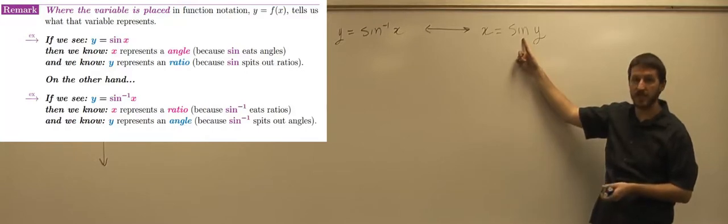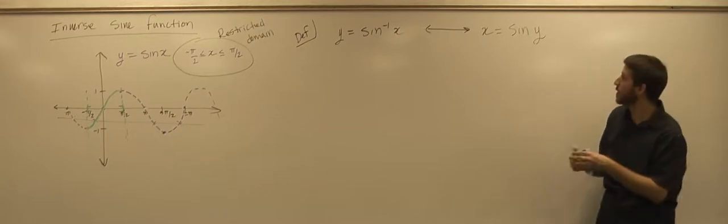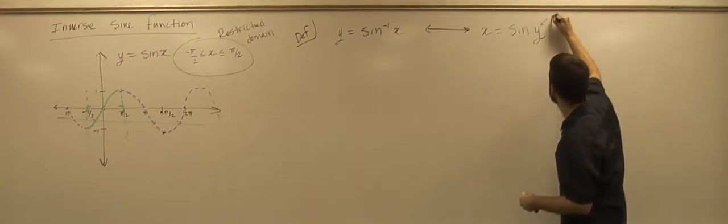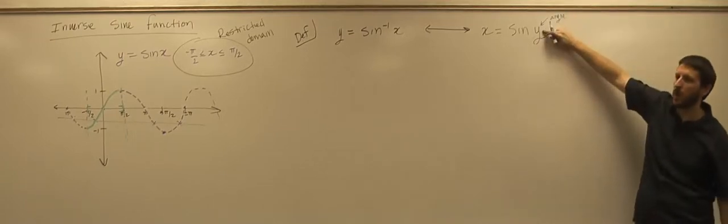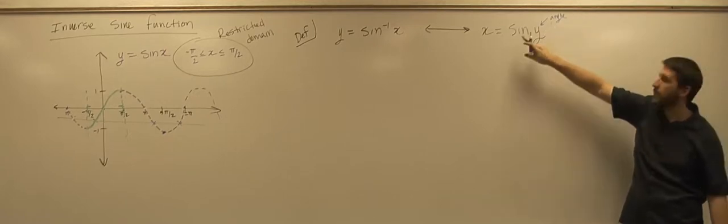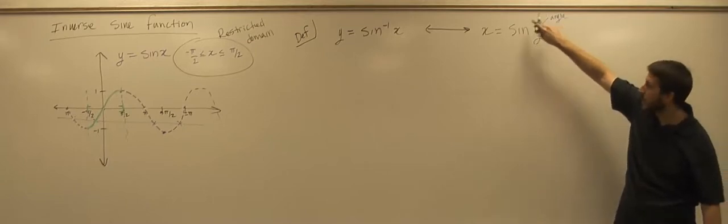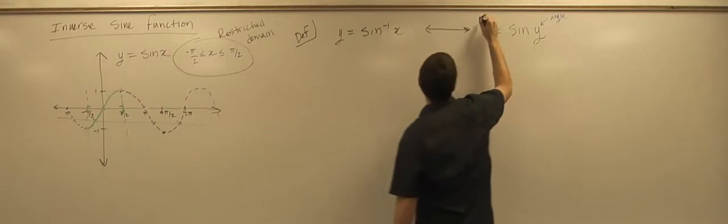Angle, right? Sine eats angles. You always do sine of pi over 2, pi over 4, sine of some angle. So the thing that's being fed into the sine is an angle. No matter what I write here, whether I call it y or x or theta, it doesn't matter. If it's sine of something, that something's an angle. And then what gets spit out here is a ratio.